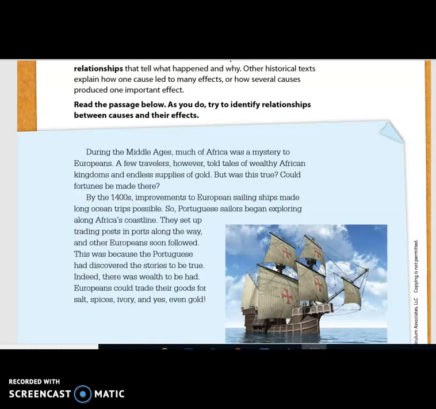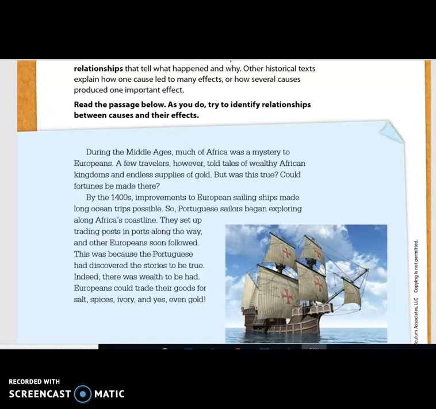That means they didn't know much about Africa. A few travelers, however, told tales of wealthy African kingdoms and endless supplies of gold. But was this true? Could fortunes be made there? And then it says, by the 1400s, improvements to European sailing ships made long ocean trips possible, so Portuguese sailors began exploring along Africa's coastline.